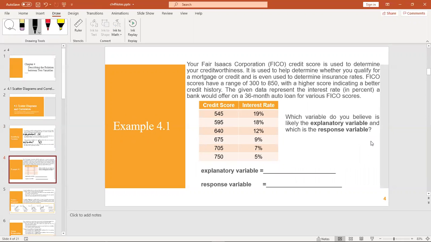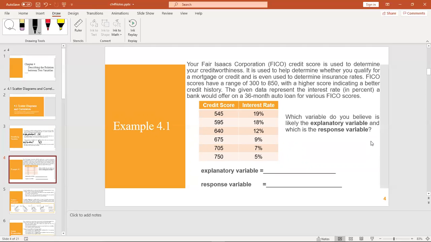So as an example, there's the Fair Isaac Corporation credit score, the FICO credit score. And so they have a score from 300 to 850. The higher it is, the better credit history you have, which means you pay off your balances promptly and in full, as opposed to paying only the minimum or not paying them at all.